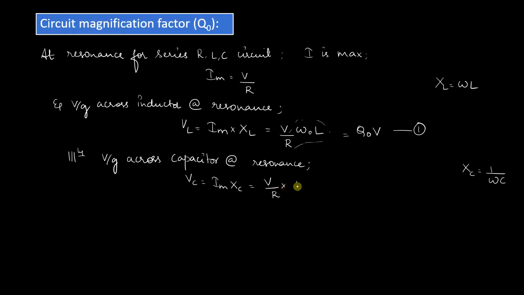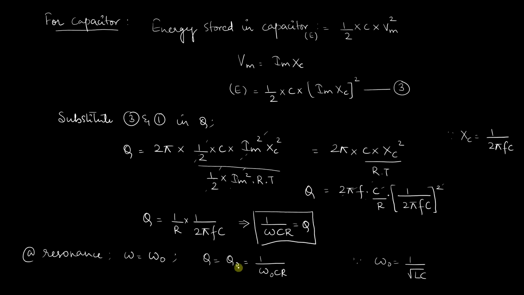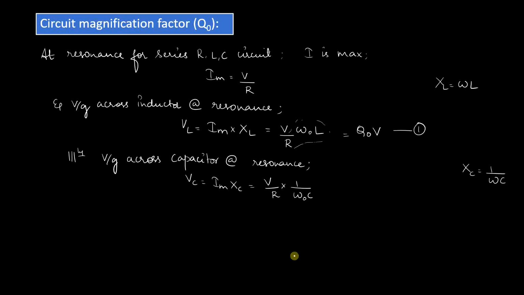So this is 1 by omega naught C. If you look at the expression for quality factor, Q naught is equal to 1 by omega naught CR. So clubbing this together, this can again be written as Q naught into V, where Q naught is the circuit magnification factor.